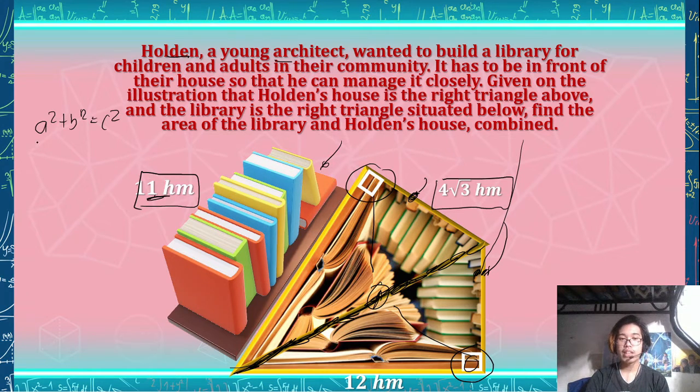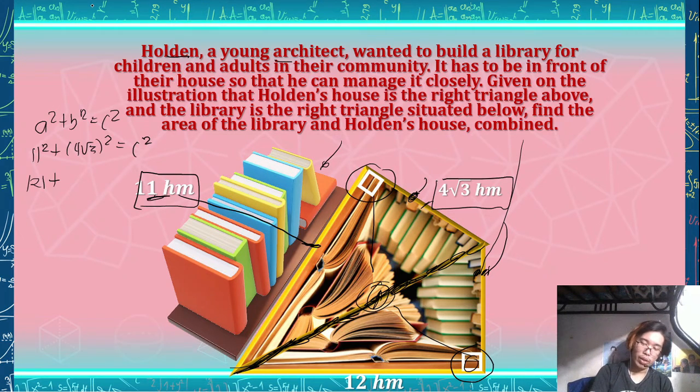We can put the legs here. Since these are the legs of the right triangle, and we need to find the hypotenuse, we can say that 11 squared plus (4 square root of 3) squared should give us c squared. Since 11 squared is just 121, and (4 square root of 3) squared is 48, it's equal to c squared.